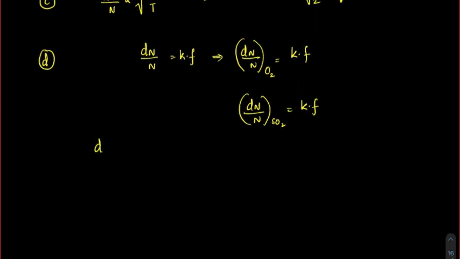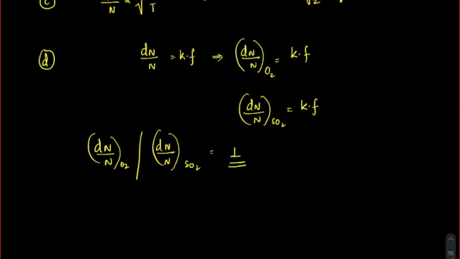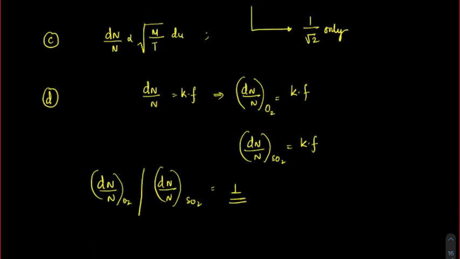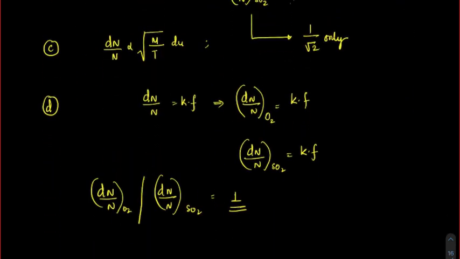In that case, dn by n of O2 divided by dn by n of SO2 will be equal to 1. So that is how you have to solve this type of question. I hope you understood that. Please be aware of these types of questions.